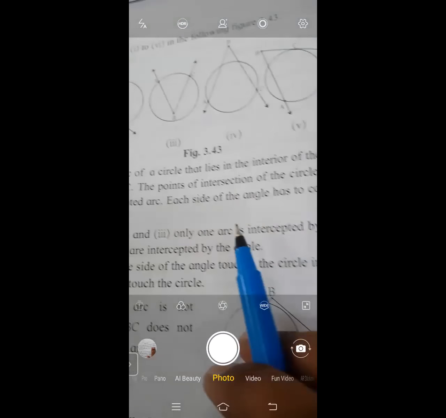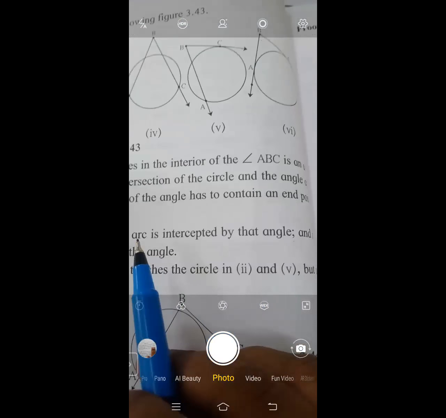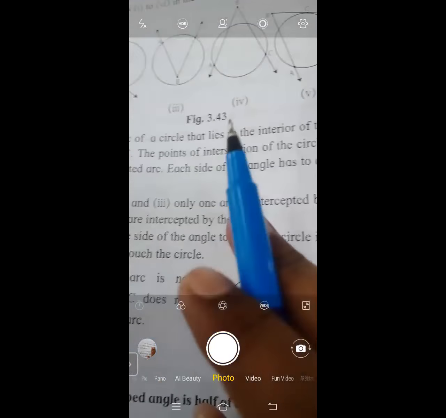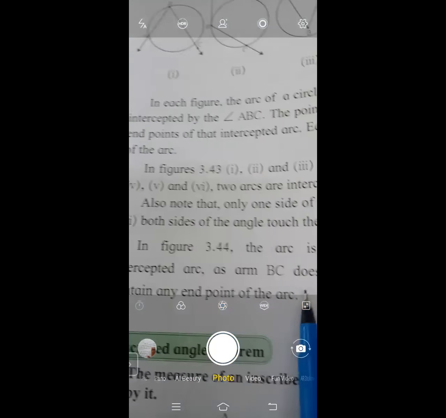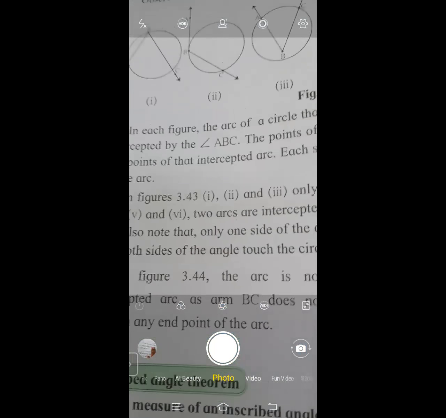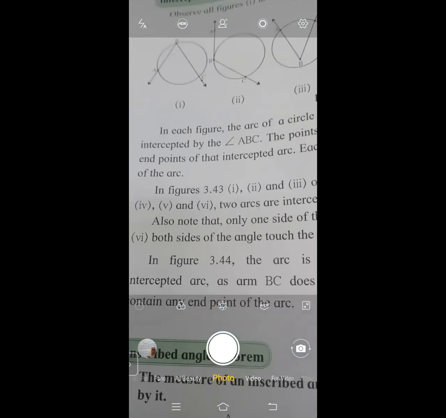Go through these diagrams, just see where the angles are placed, and you yourself write down these points in such a way that you will be able to differentiate between the two things.